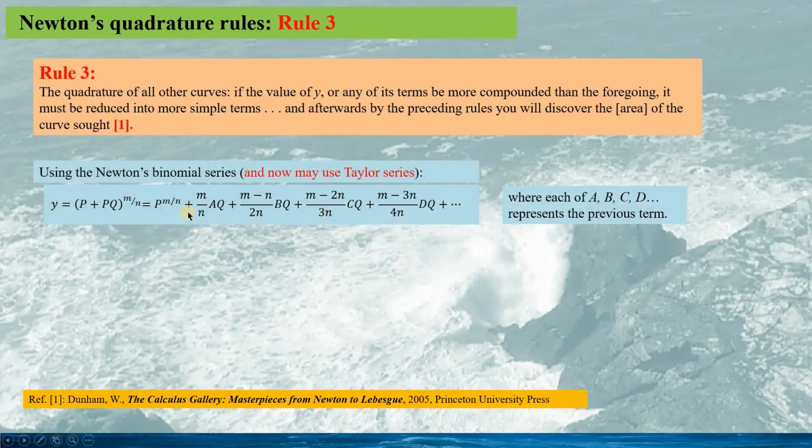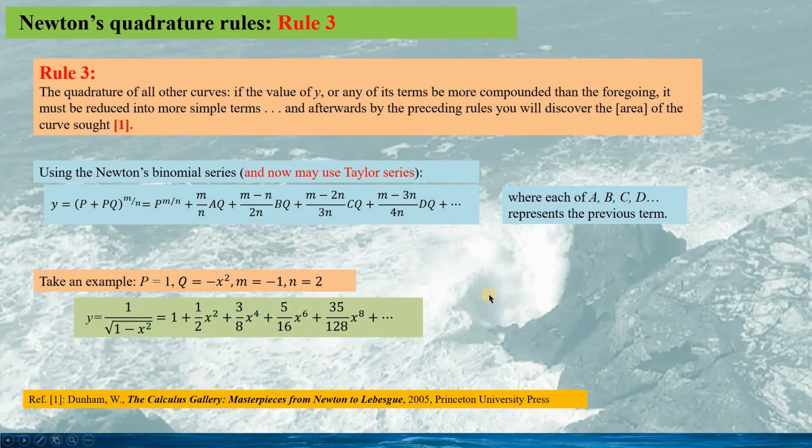Based on Newton's binomial series, this is the only expansion Newton used. We have seen this before, and here each of A, B, C, D represents the previous term. And now we may use the Taylor series instead. However, it was not available to Newton. The Taylor series was developed after calculus.